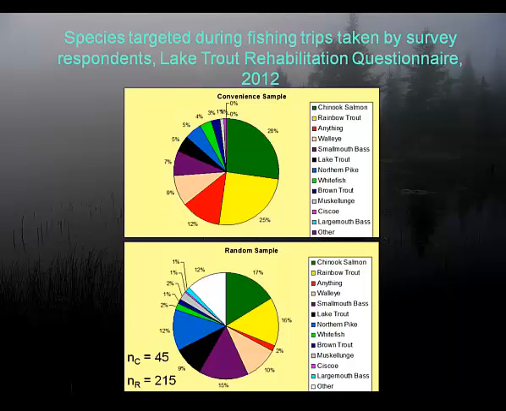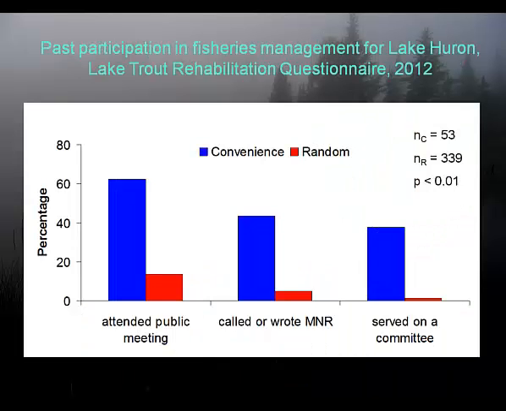So we did seem to be targeting a bit of a different audience. And we also wanted to know about their participation in fisheries management on Lake Huron. So we asked them if they'd attended a public meeting before, had written to MNR or served on a committee. And not surprisingly, the random sample were very low in this number, and the convenience sample were much higher.